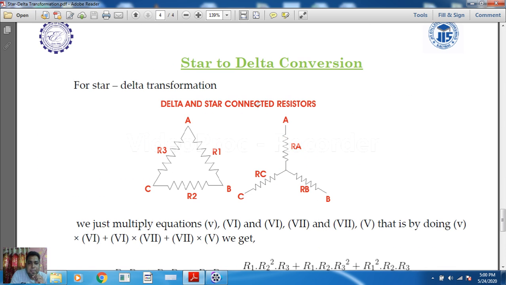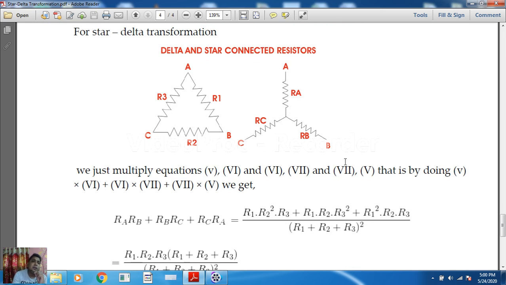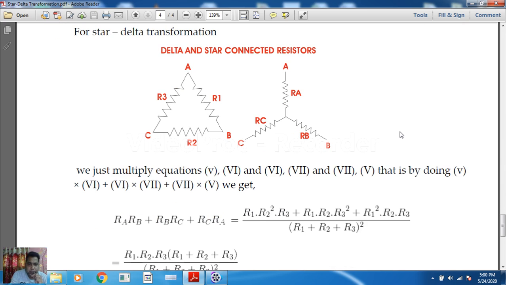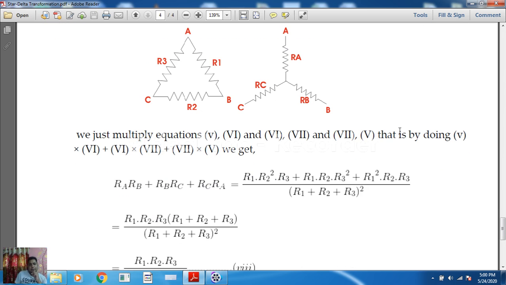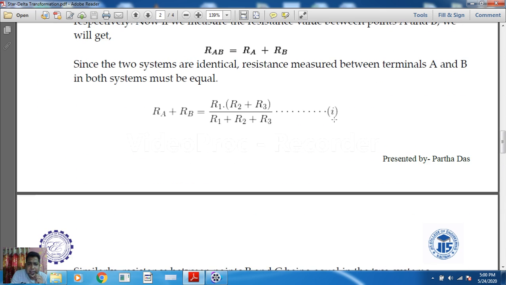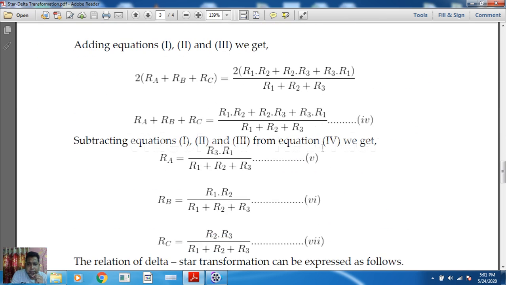Now, the reverse process. What is the reverse process? Now we are converting from star to delta. So when we do that, we already have three equations, 1, 2 and 3, correct?